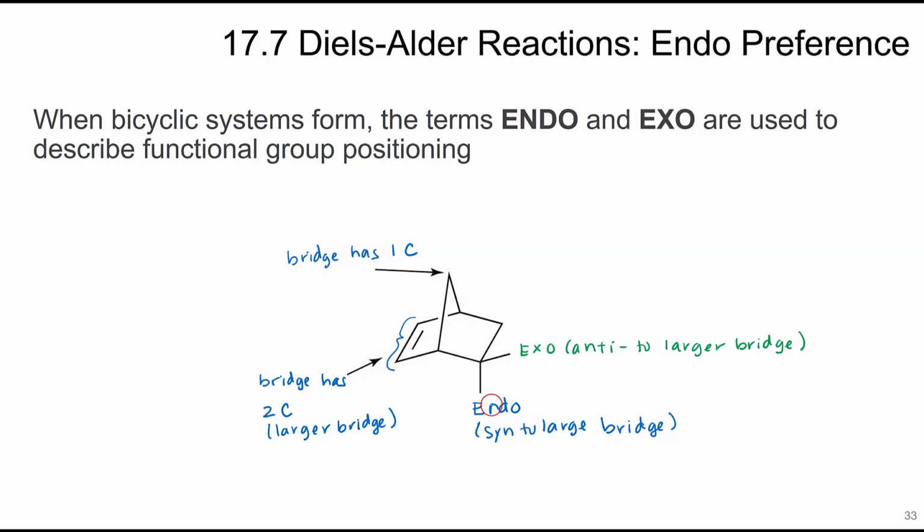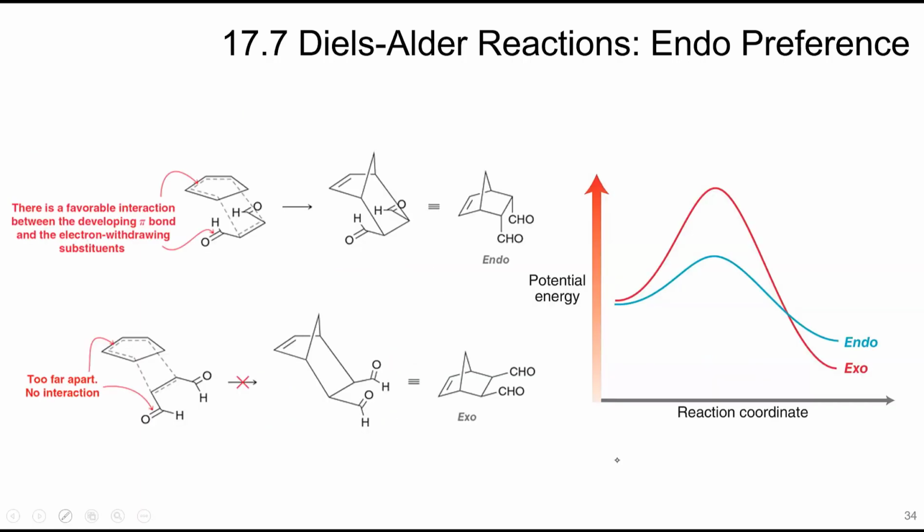This is highly favored. So the mechanism you can look at here, there's a favorable interaction with the electron withdrawing substituents to form this endo product. And here, the aldehydes are too far apart to contribute their electron withdrawing capabilities, and so this is the less favored.